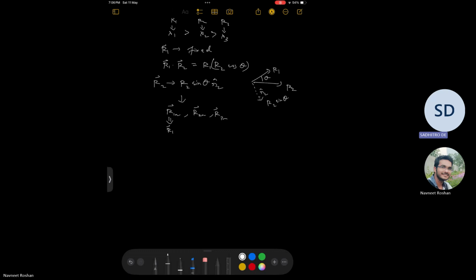And the magnitudes of these vectors depend upon the angle theta. So you see that when theta becomes very small, that means when R2 and R3 become very much aligned with R1, then the magnitudes of these vectors become very small, and that can give rise to numerical errors. So what we do is that we orthonormalize them, and after orthonormalization, we get the new vectors R2 and R3.